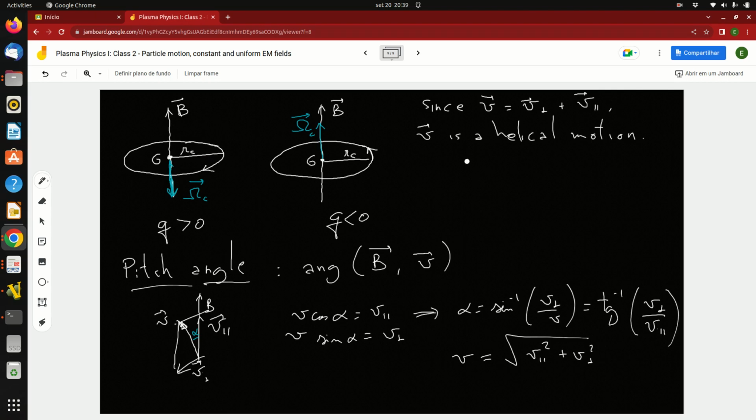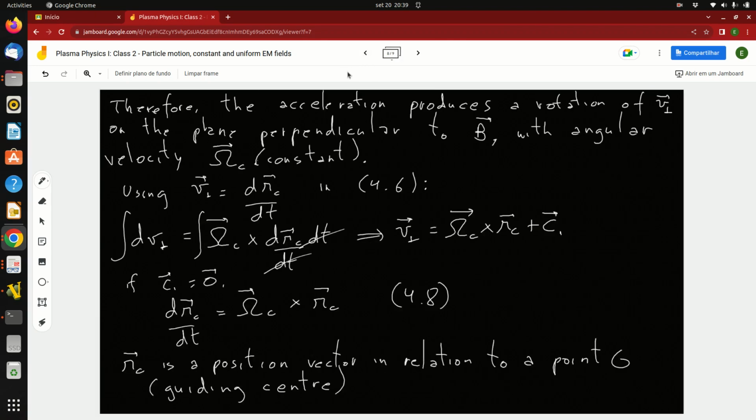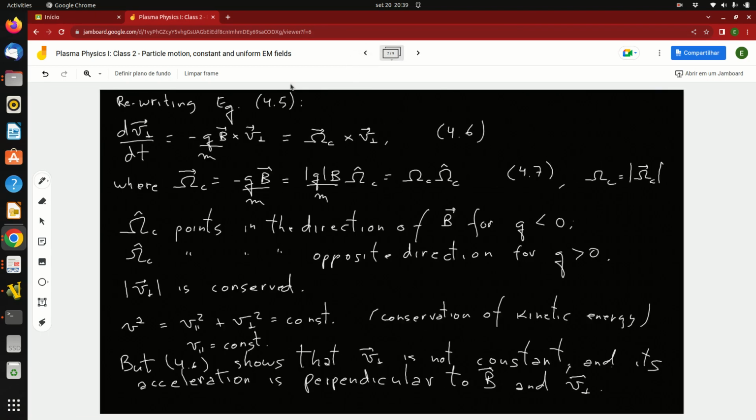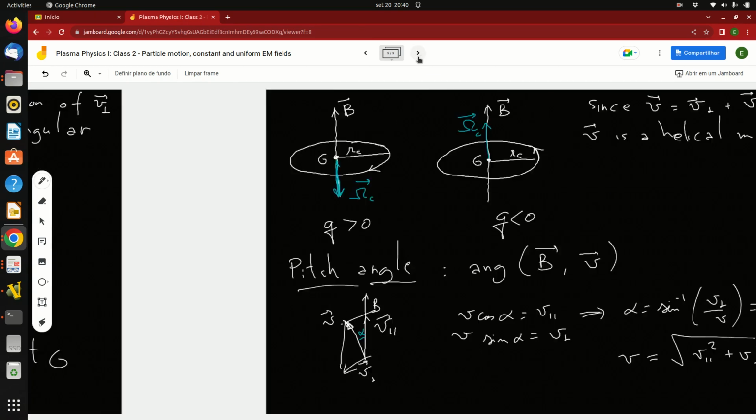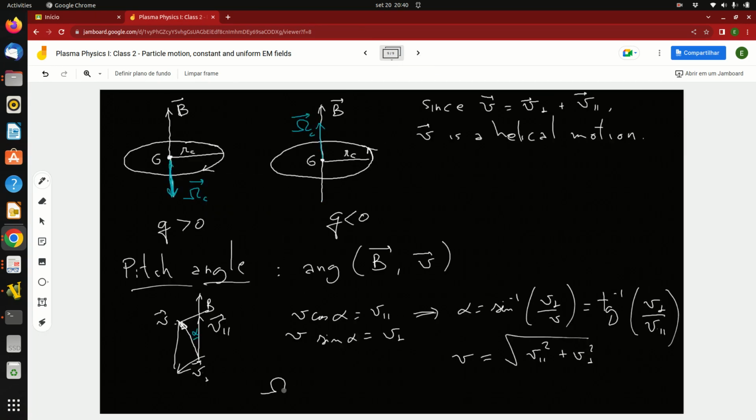There's another term that we must identify, which is this one. The modulus of q times the modulus of B over m is what we call omega_c, the cyclotron frequency or Larmor frequency. Omega_c is equal to this over m. This is equation 4.10.